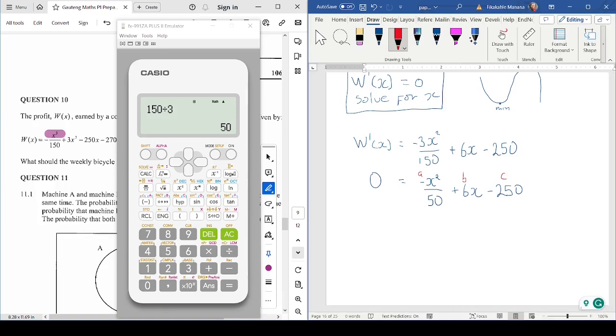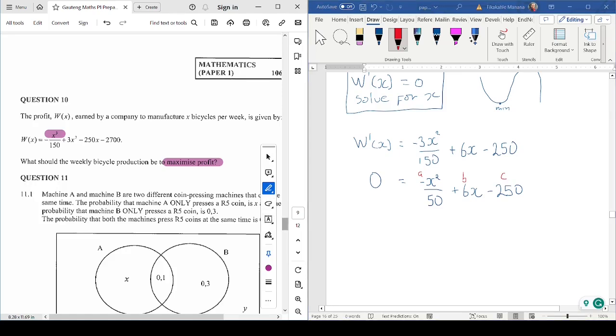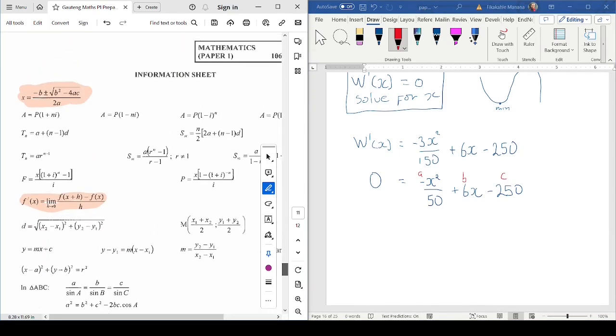Okay, and our quadratic formula, if you remember, it's minus b, and b is 6 in this instance, plus or minus the square root of b squared, which is 6 squared, minus 4, and a is minus 1 over 50, right?